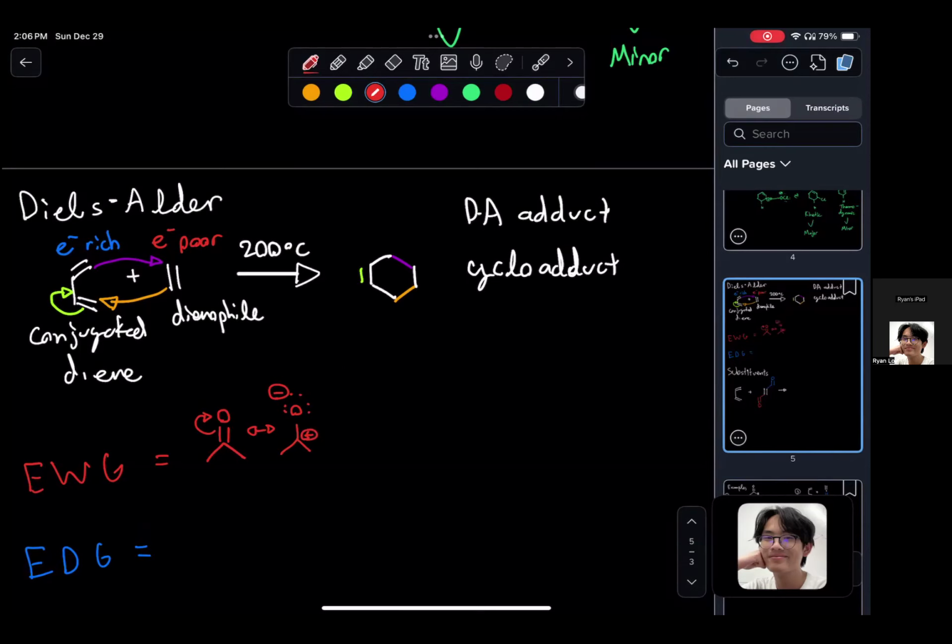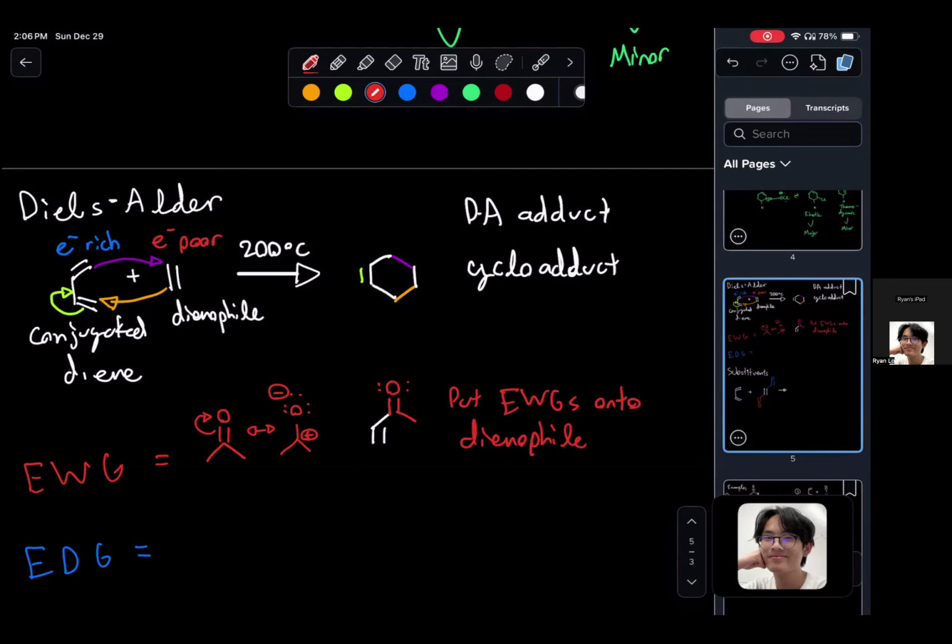And if you add these electron withdrawing groups onto the dienophile, so if you had a dienophile that looks something like this, it would generally speed up the reaction. So you put EWGs onto the dienophile.